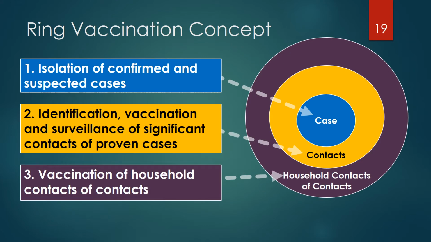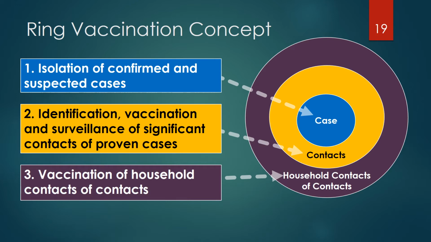As previously mentioned, the ring vaccination strategy was key to the eradication of smallpox from the world. Ring vaccination consists of 3 components. Step 1 was to isolate confirmed and suspected cases to prevent the exposure of additional people to the smallpox virus.